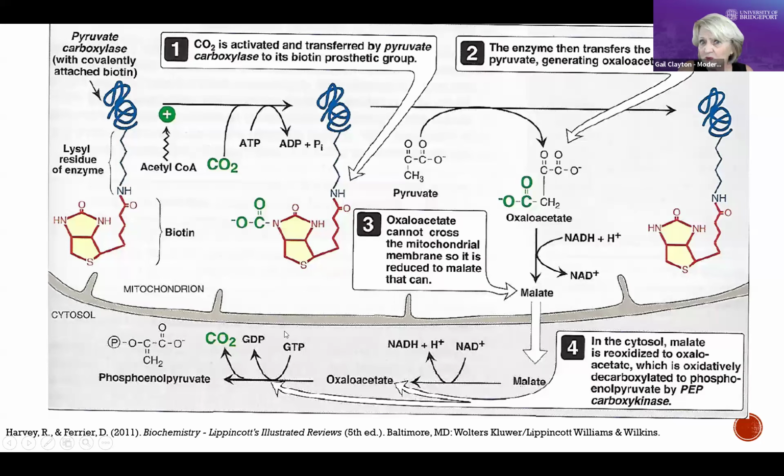Now, what happens is we have a high energy molecule, GTP, which is very similar to ATP, and carbon dioxide comes off, and it turns into phosphoenolpyruvate. And that's the very beginning step of gluconeogenesis. And from phosphoenolpyruvate, the rest of it is just the reverse of glycolysis. But this is a highly regulated process that starts off in the mitochondria and then ends up in the cytosol.